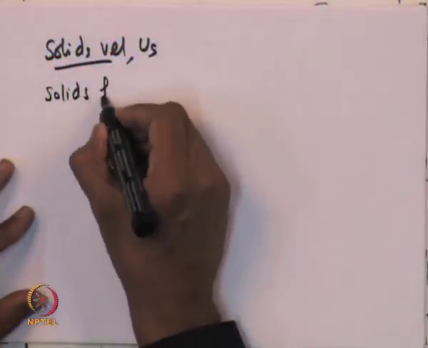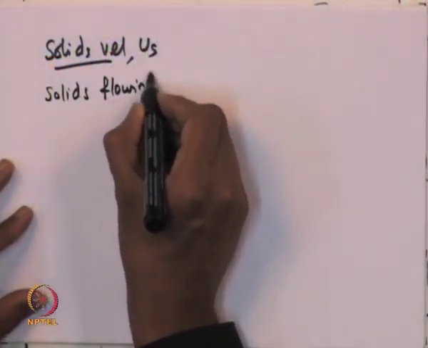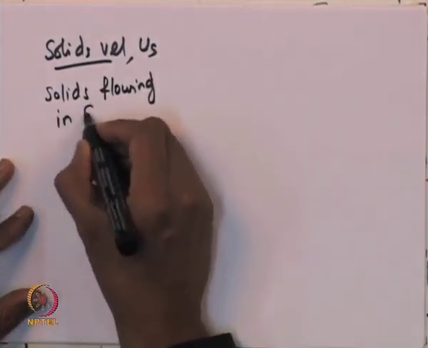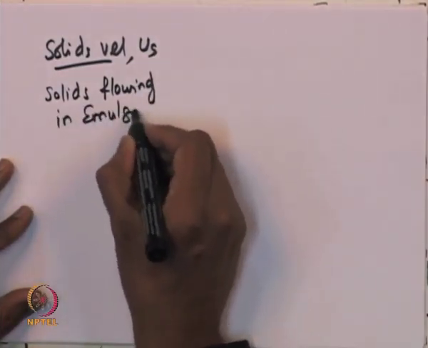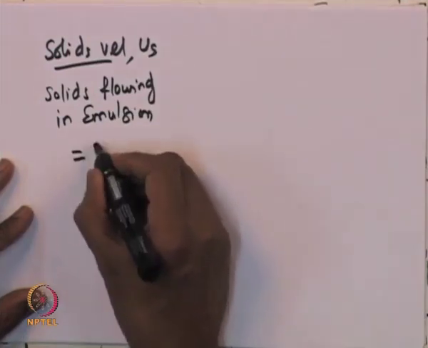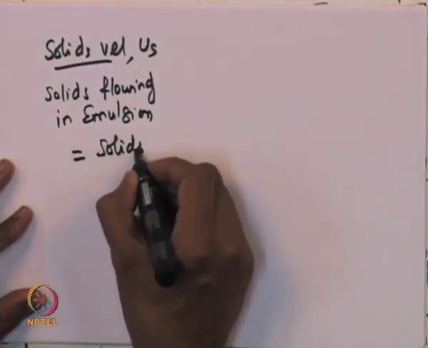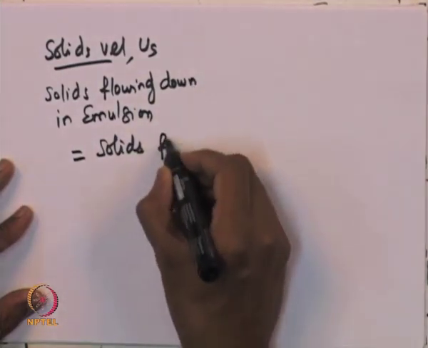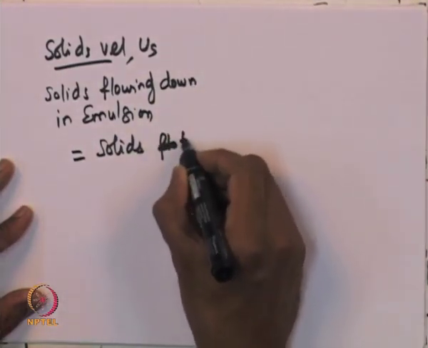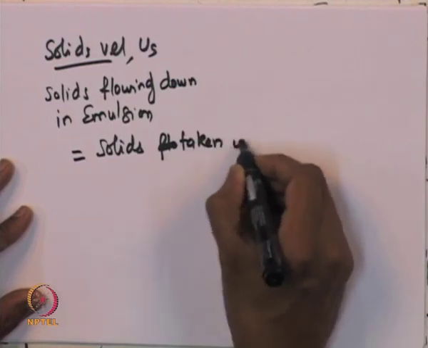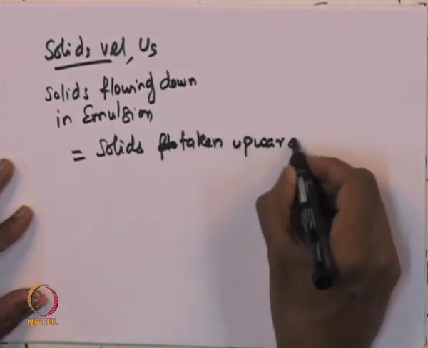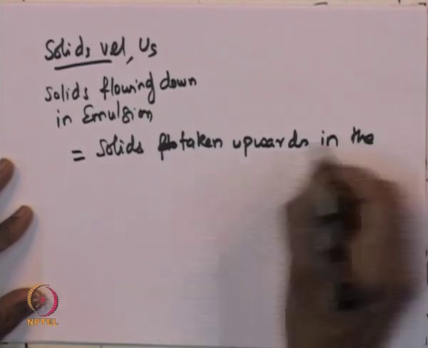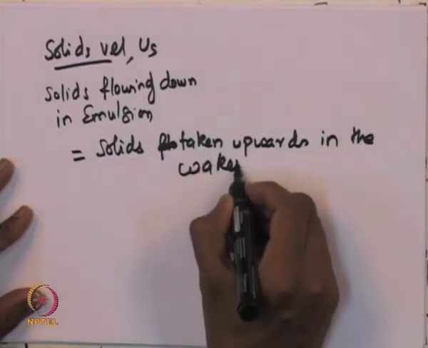So, let us look at this material balance. The solids flowing down in the emulsion phase should be equal to the solids taken upwards in the wakes.